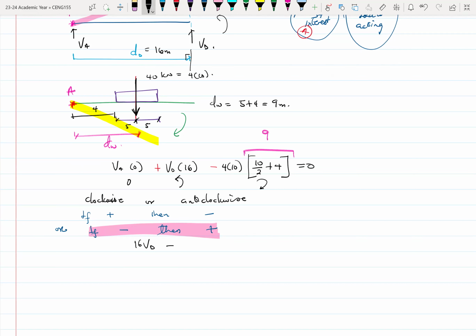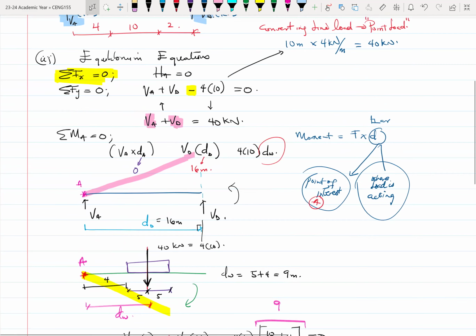Those with the calculators, you can tell me, 40 times 9 is what? 360. All right, so all of this is equal to 0. So VD will be equal to 360 over 16, I believe. So I should get 22.5. Yeah. So this is equal to 22.5 kilonewtons.